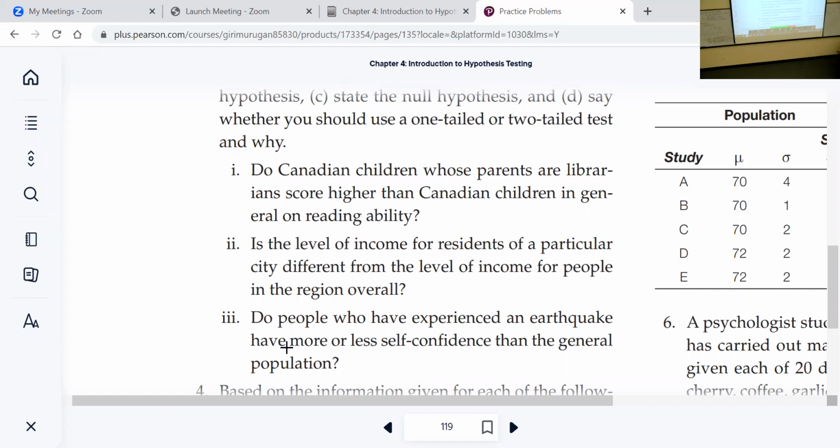So you all take number 3. Do people who have experienced an earthquake have more or less self-confidence than the general population? Again, it's a bit confusing, but what they mean to assess is more or less confident than people who have not experienced one. Good. 2 populations, they have to be disjoint.